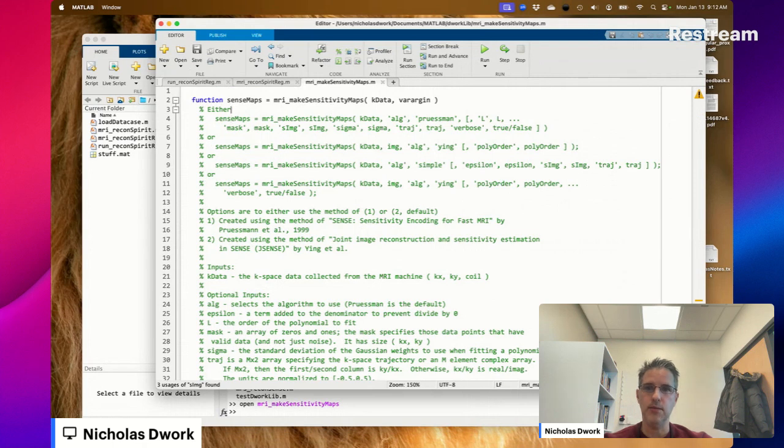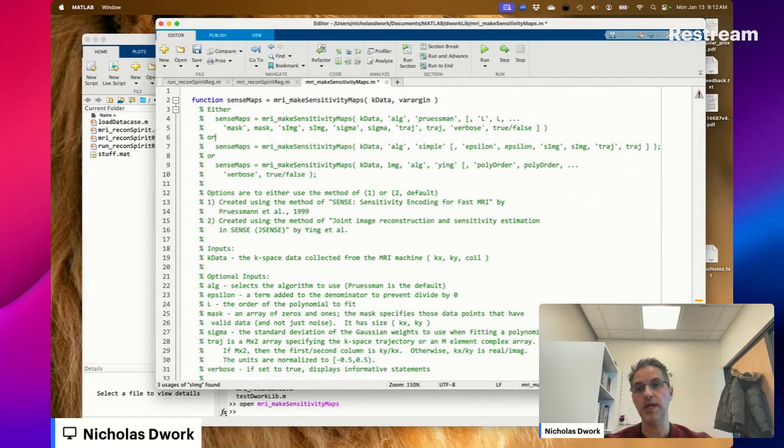Here we have a way to make sensitivity maps, and it gives you several different options for making them. These are old ways.